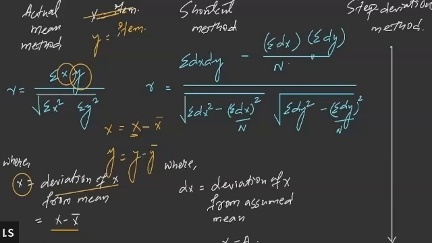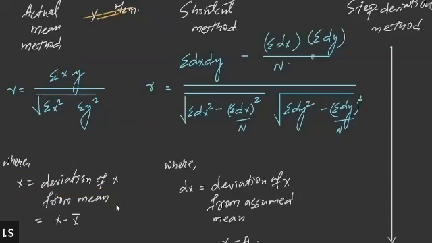So Y minus mean of Y equals y, that means deviation. Anyways, you will be able to understand how the formula works only when we start doing questions. So let's start with the questions, and then we will come back to the shortcut method and the step deviation method. Let's first do questions based on the actual mean method only.